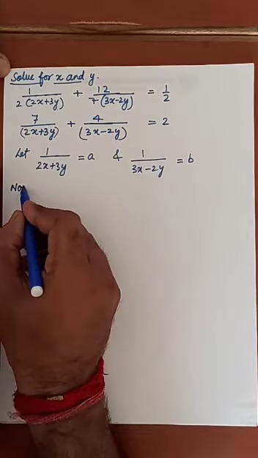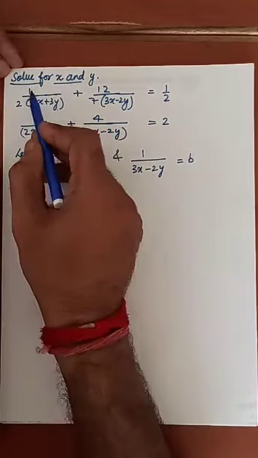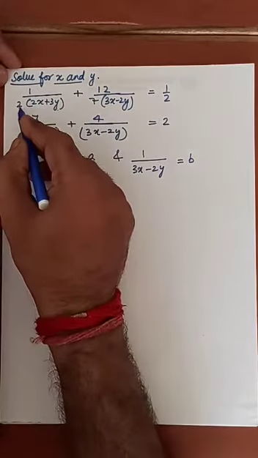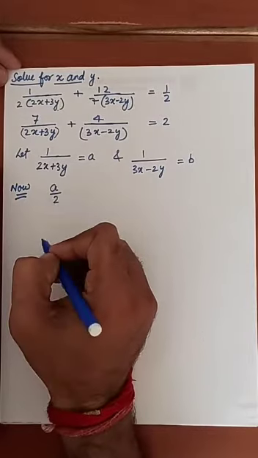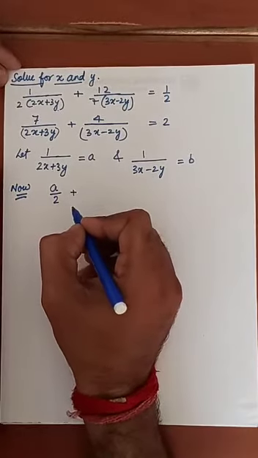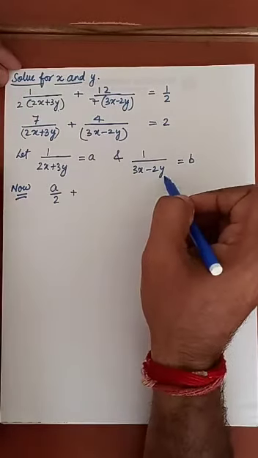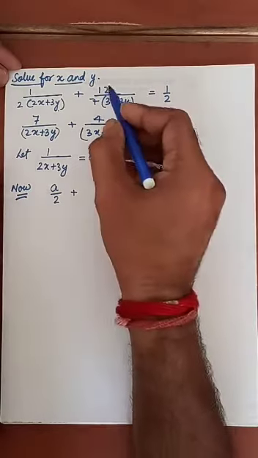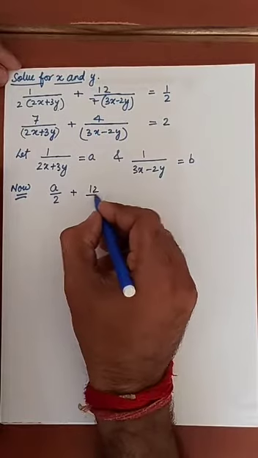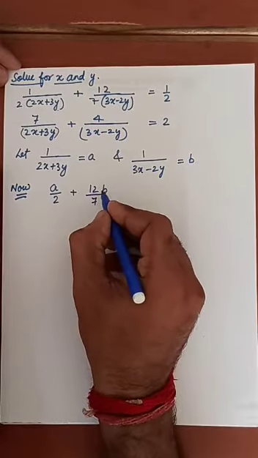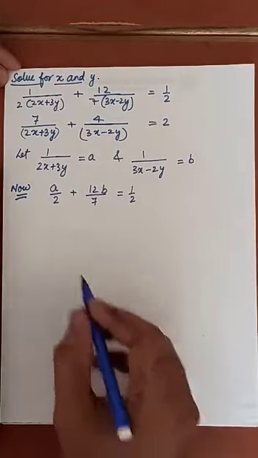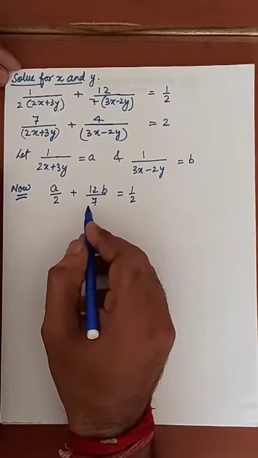It means now your question will be changed. 1 upon 2x plus 3y is changed to a, and upon 2 is the same as it is given, so it is a upon 2, plus 1 upon 3x minus 2y is changed to b, so it will be 12b upon 7, that is equals to 1 upon 2. Now you can simplify, you can take the LCM.